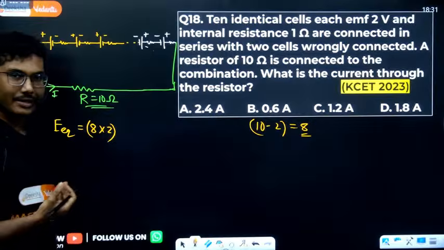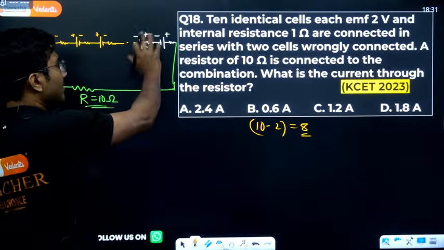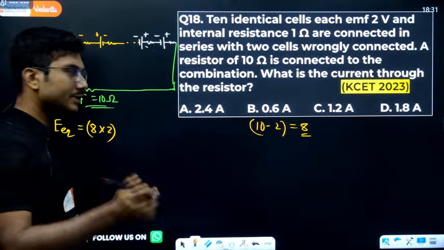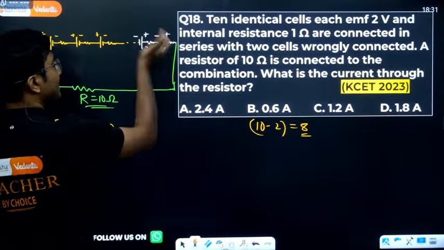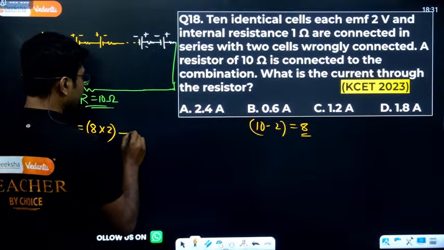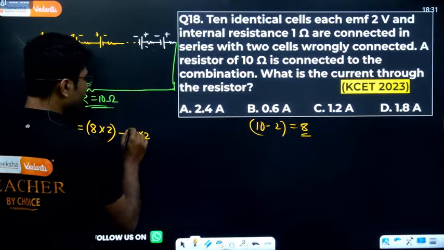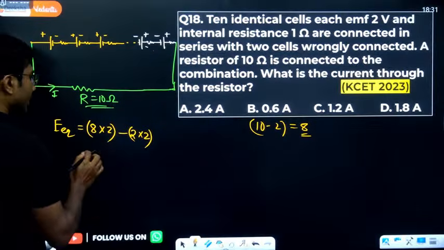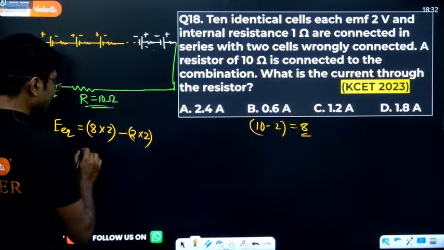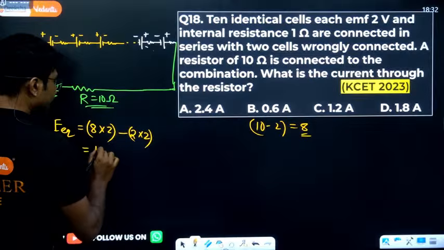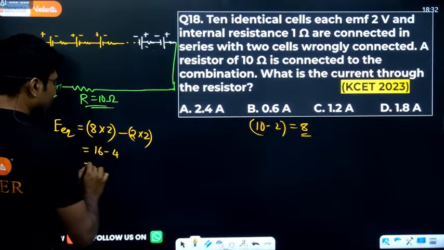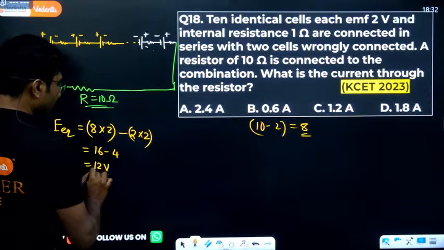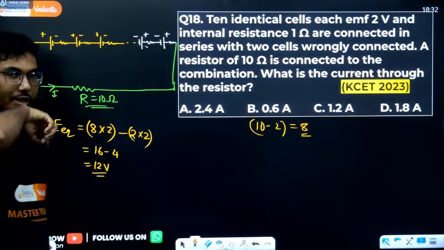This is the correct connection. Now 2 of them are reverse connected, so they send a voltage in the opposite direction, which is 2 into 2. All of them are in series, so no need to worry. 16 minus 4, that is 12 volt. 12 volt is the equivalent EMF.